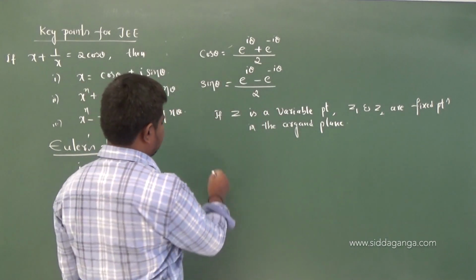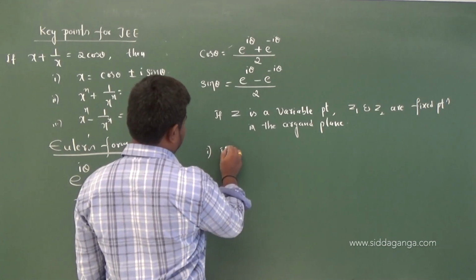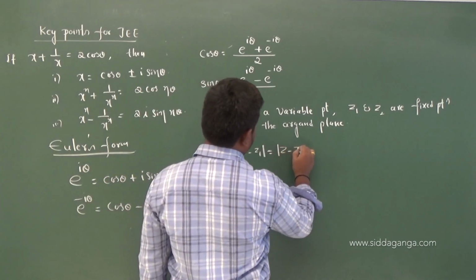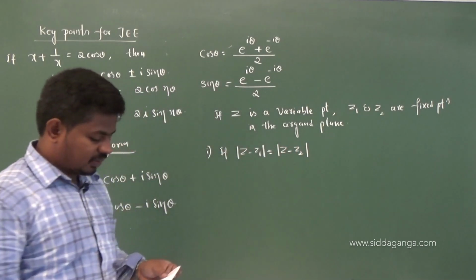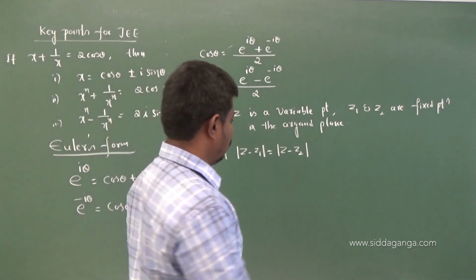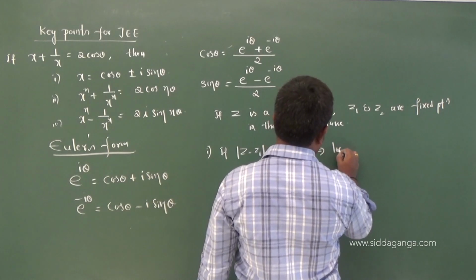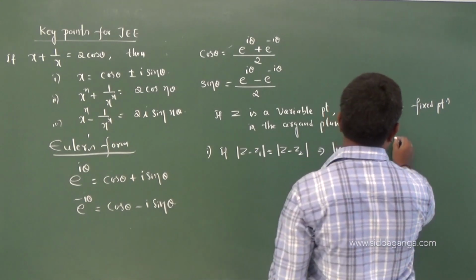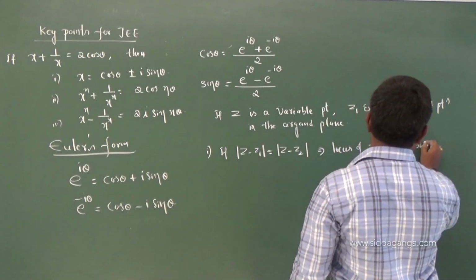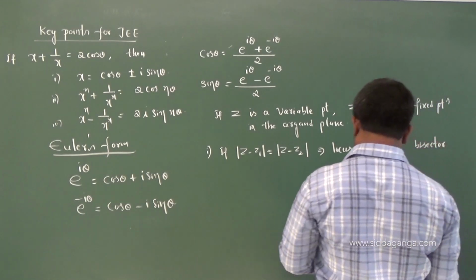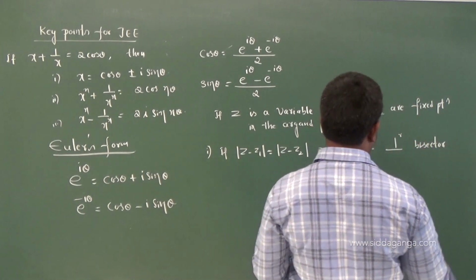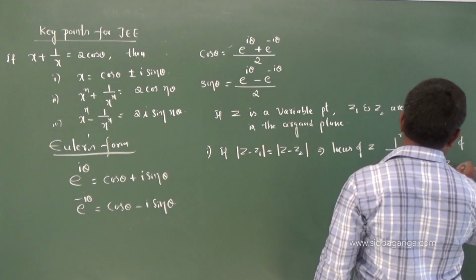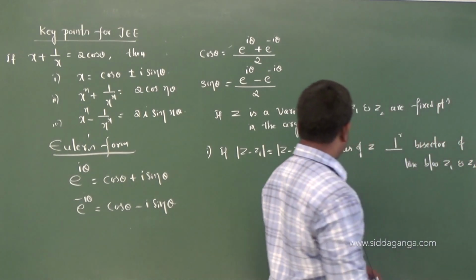Then the first point is: if |z minus z1| is equal to |z minus z2|, then the locus of z is a perpendicular bisector of the line joining z1 and z2.